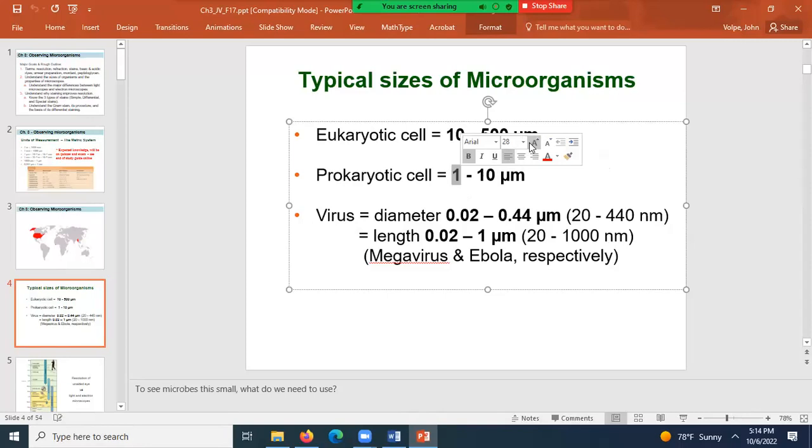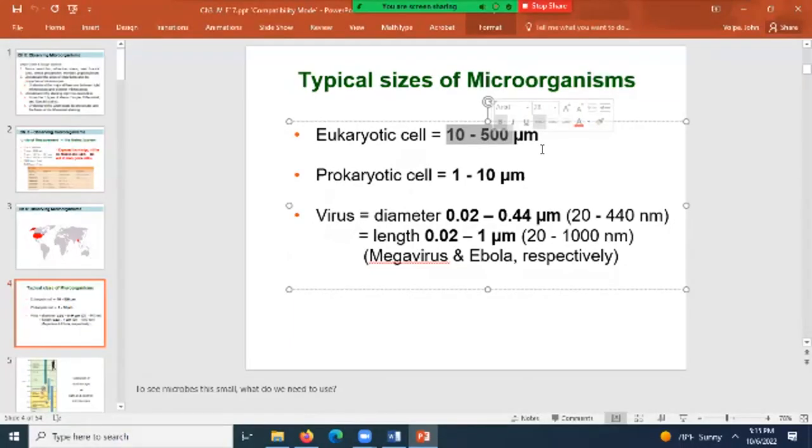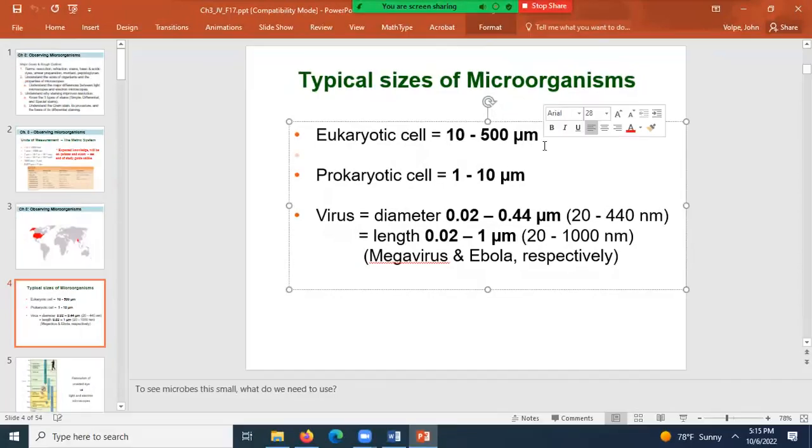Eukaryotic cells are about 10 times the size of a prokaryotic cell. And this is saying the range is from 10 micrometers to 500 micrometers. I don't know the size of the smallest eukaryotic cell, but I do know the largest eukaryotic cell.